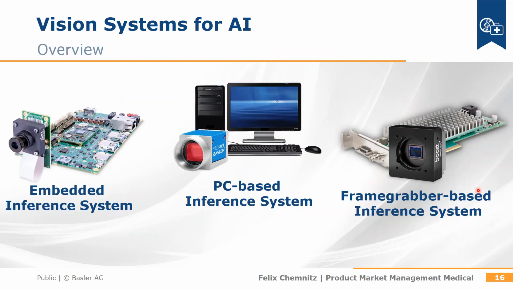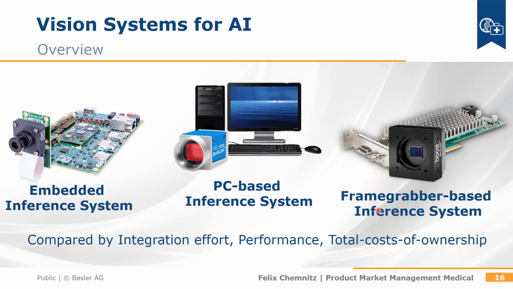We will now have a look into 3 different vision systems for artificial intelligence. So this means we will have a look at an embedded inference system, a PC-based inference system, and a frame grabber-based inference system. And we will compare these 3 by integration effort, performance of the system itself, and the total cost of ownership, which you have to calculate for such a system.